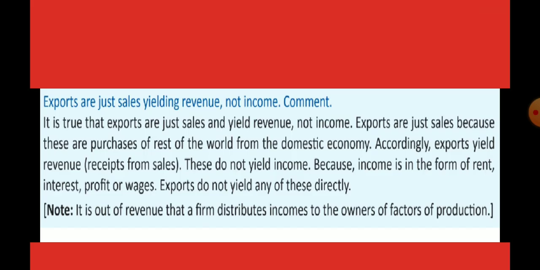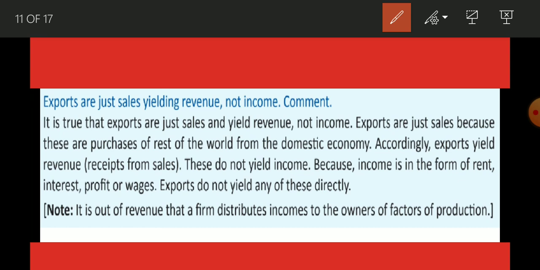Now one high order thinking question is here: exports are just sales yielding revenue, not income. Comment. Here the question is that whatever money you receive from export is not income. Why is it not income? Because income here means factor income. Factor income is the money paid to factors of production when we use factor services.